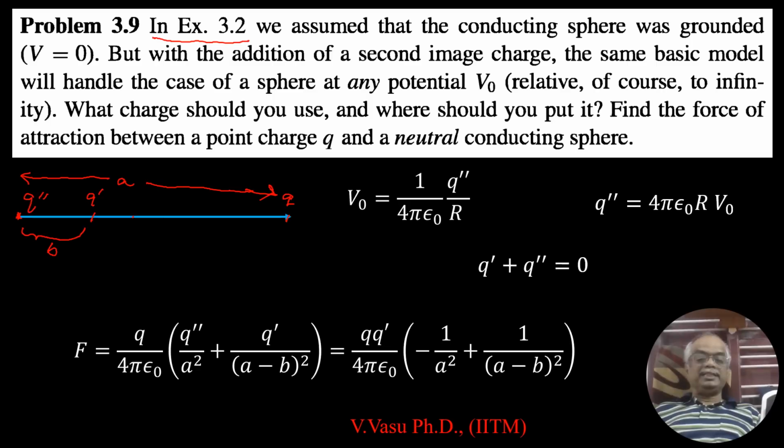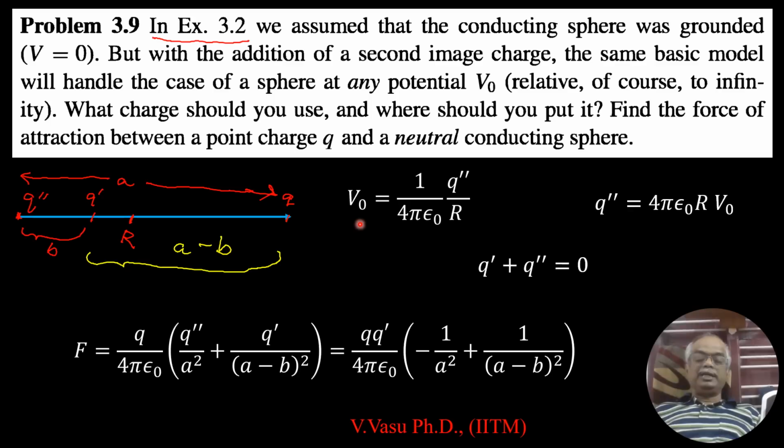This is the radius of the sphere, that is R, and this is the distance b where we keep the charge q prime. Then the distance from q prime to q is naturally a minus b. With that introduction, we will move on to our problem.